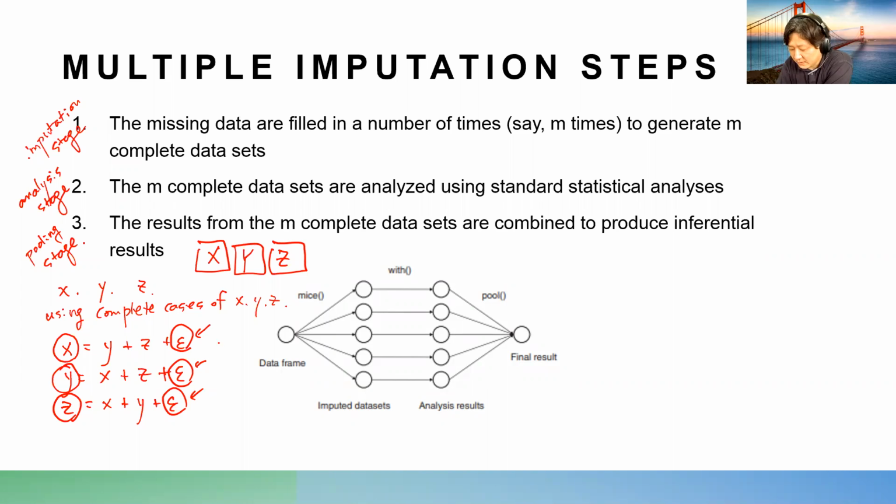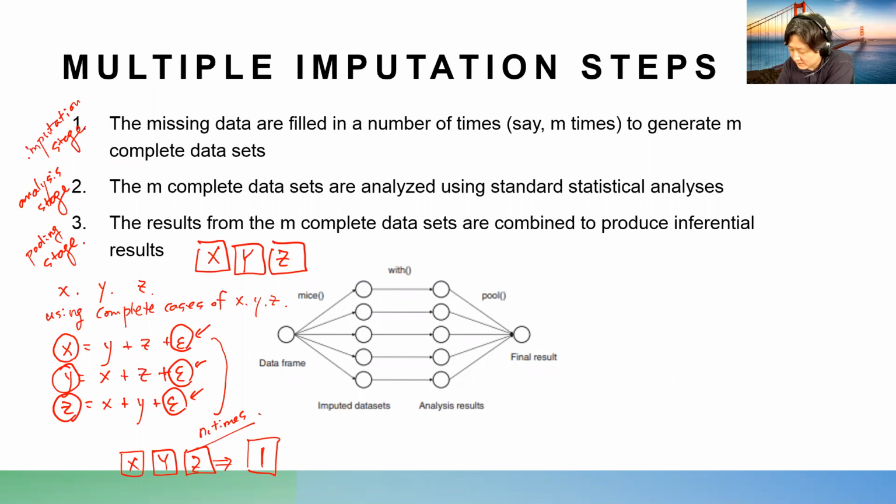So we repeat this process n times. You can repeat 10 times, 20 times, or 100 times, and then you will find the last set of data X, Y, Z. That is our complete data set, data one.